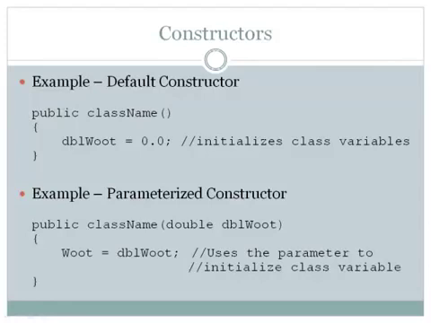Now below is an example of a parameterized constructor where I have double dbowoot set up as a parameter in this case. So if I have public and then class name, this value is going to come in from where I construct the object, and then it's going to be used to set the class variable.